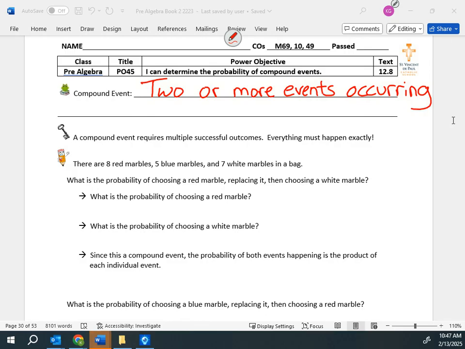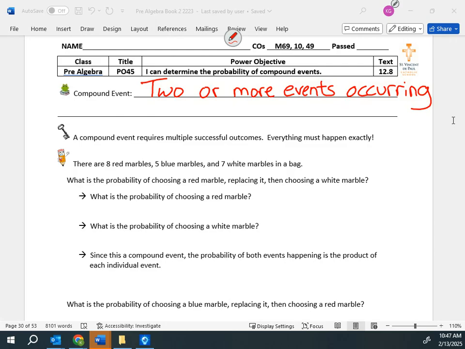Multiple events are happening. We're going to see how we find the probability when there's multiple events happening. A compound event requires multiple successful outcomes. Everything must happen exactly.